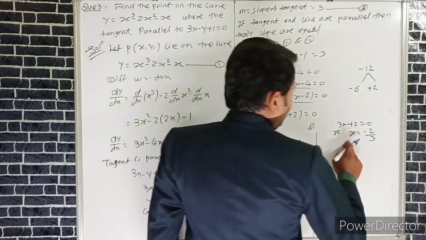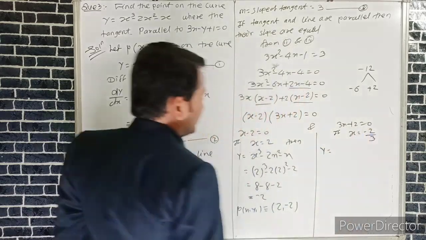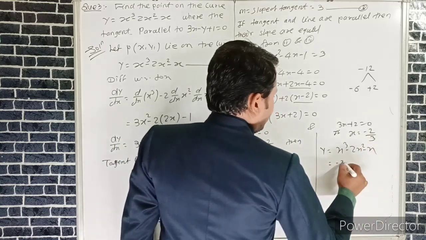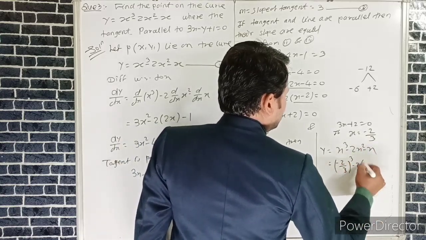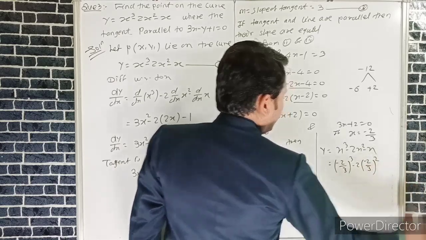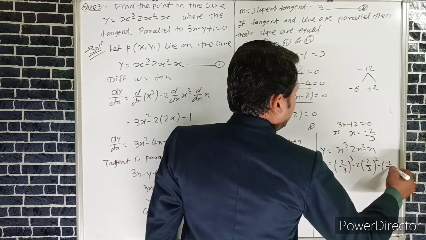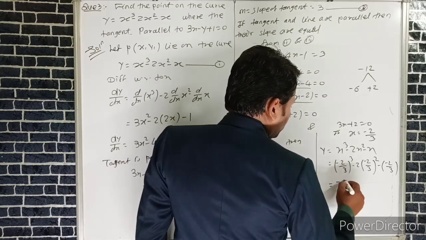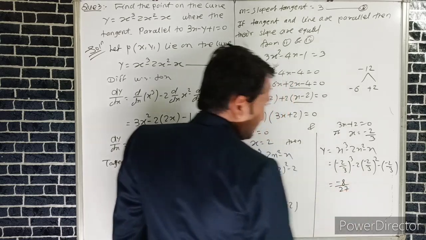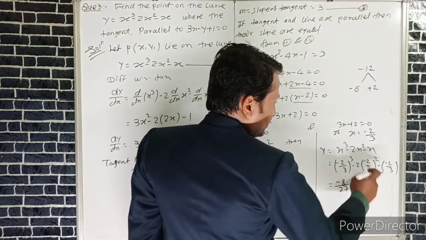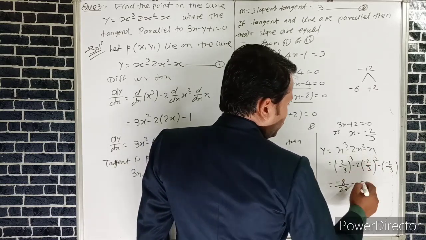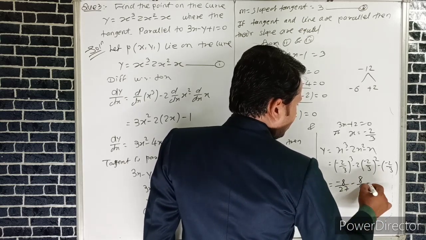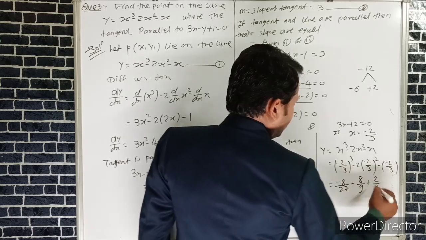So if we put x is equal to minus 2 by 3, then we can write x cube minus 2x square minus x: minus 2 by 3 in bracket cube, minus 2 into minus 2 by 3 in bracket square, minus of minus 2 by 3. So here minus 2 cube is minus 8 upon 3 cube, 27, minus 2 into the square of minus 2, which is 4 into 2, which is 8 by 3, the square of 3 which is 9, plus 2 by 3.